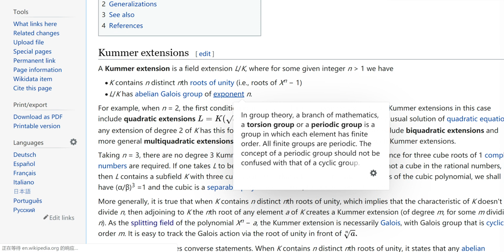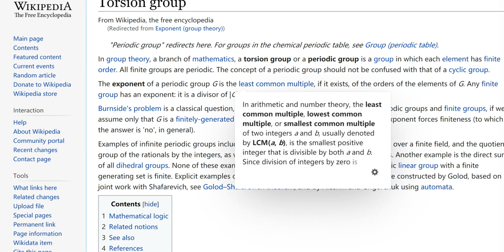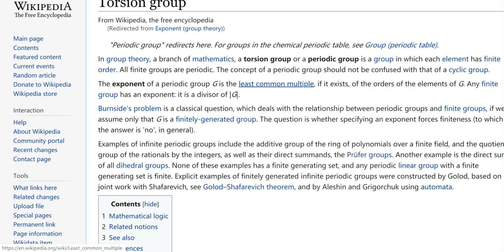Actually, you will say it is the order of all the elements of this group, and you look at the greatest common divisor. Sorry, not the greatest common divisor, it's the least common multiple, if it exists, of the orders of all the elements of G. It is a divisor of the cardinality of G, of course.